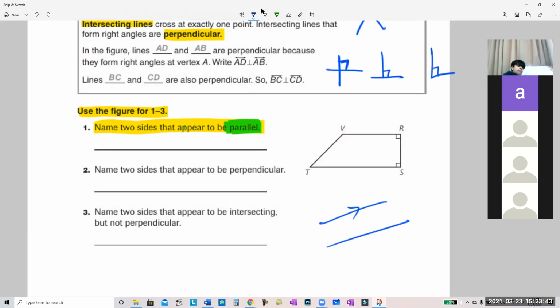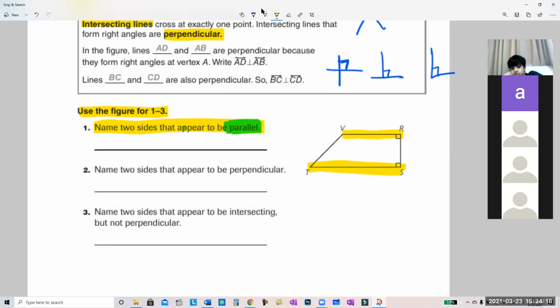Okay, Al-Qarrar. VS and RT. What? VS and RT. There is no such line. There is no VS and RT. It's not matching each other. There is no line here called VS. Okay, what about this, Karar? These two lines.